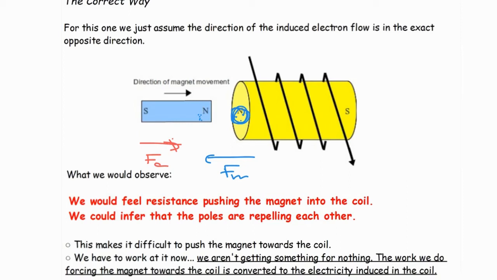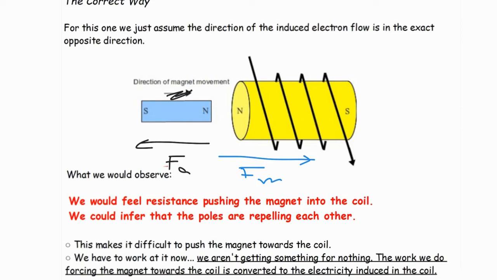Now, it does change. So if all of a sudden I don't push it in, now I pull it out. So now the magnet's going that way. Now my applied force is to the left. Fm needs to oppose that, so Fm is to the right.